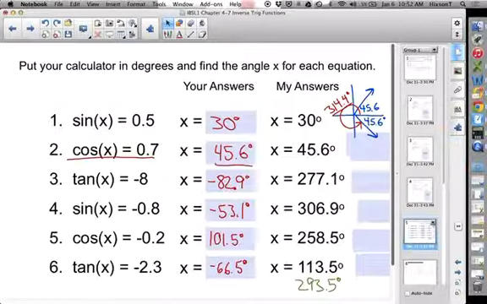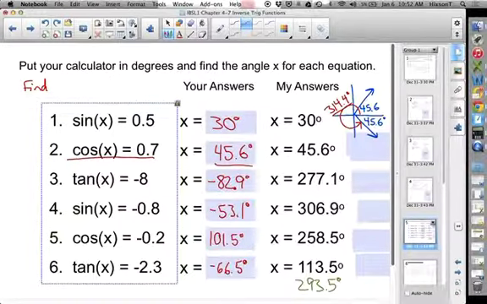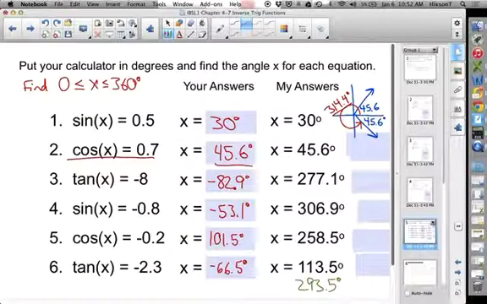A lot of times what the directions will say is, find x between 0 and 360 degrees. So they're telling you, first of all, they want you to use degrees, and they're also telling you to give all the answers between 0 and 360. So if you get a negative, give a positive one.